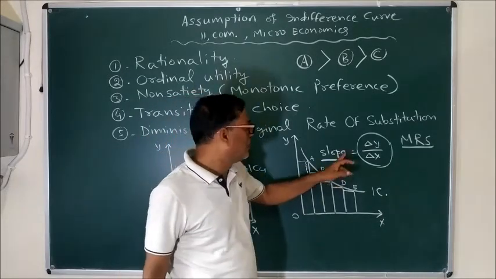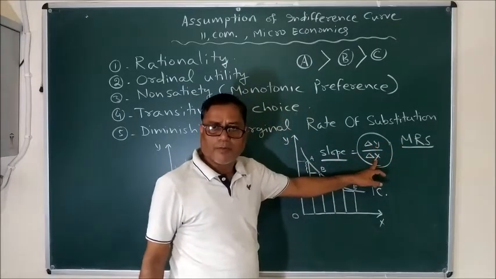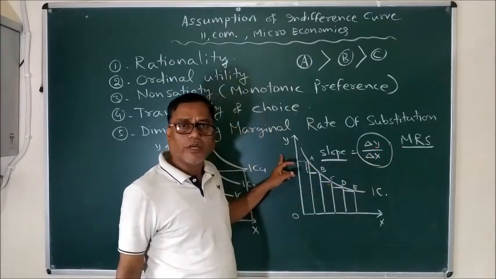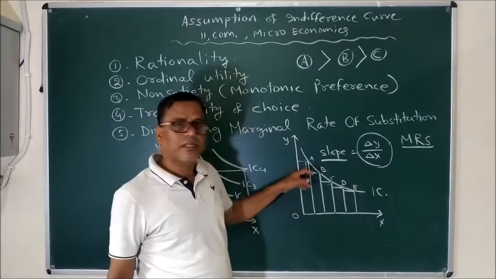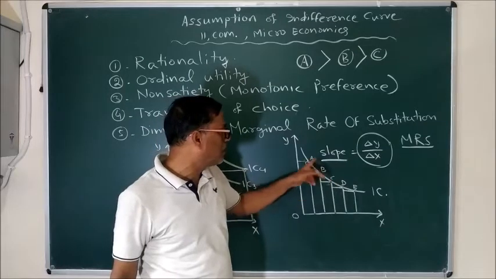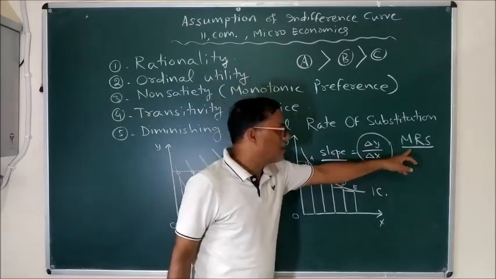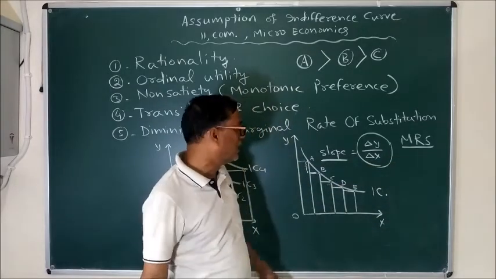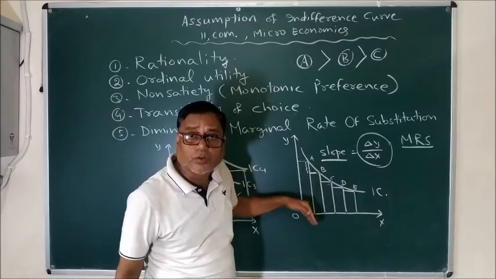Why? Because the slope, or MRS, or del Y upon del X, is going on reducing and reducing, which gives shape to our indifference curve. This is the reason: because the slope or the MRS is reducing gradually, our indifference curve is convex to the origin.